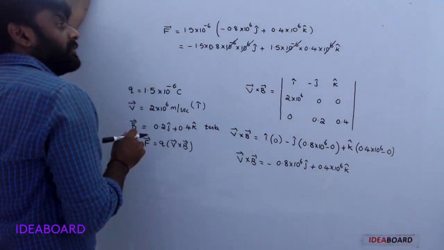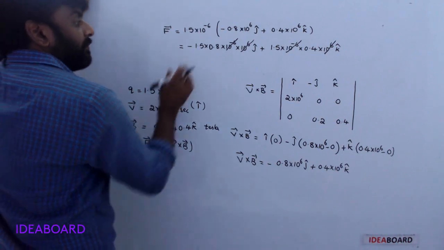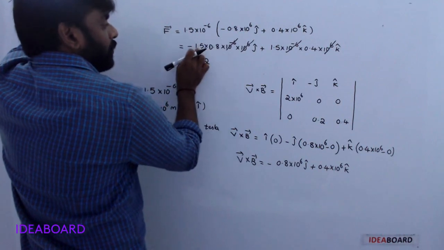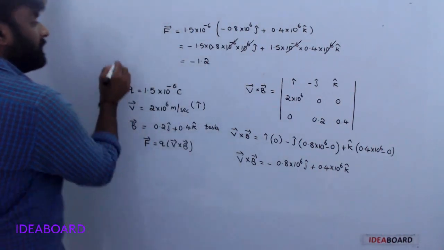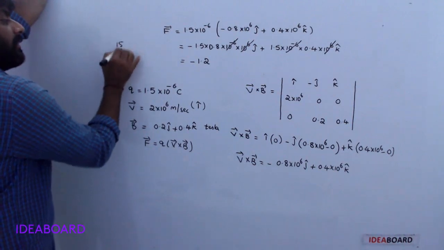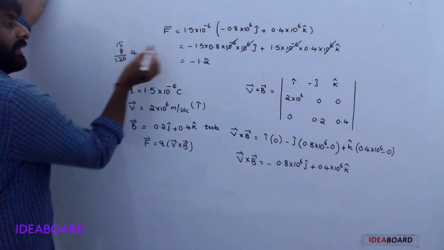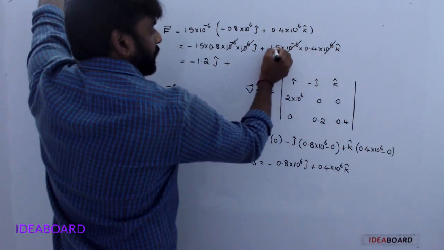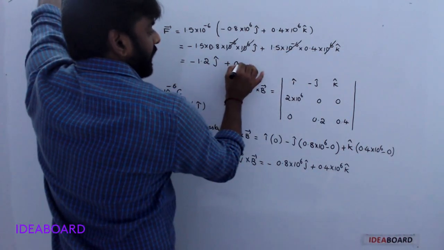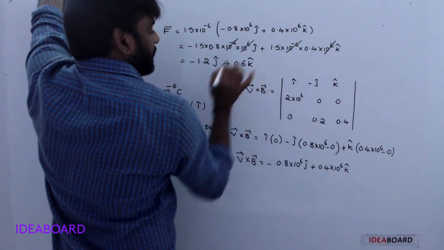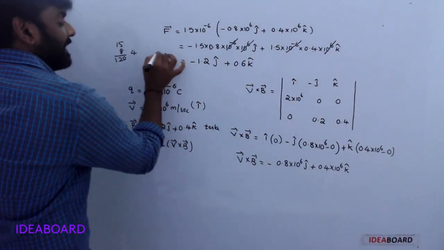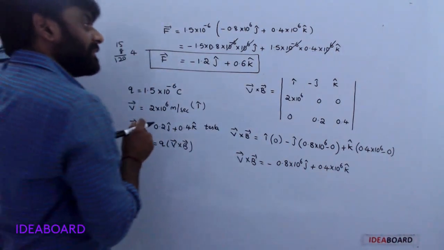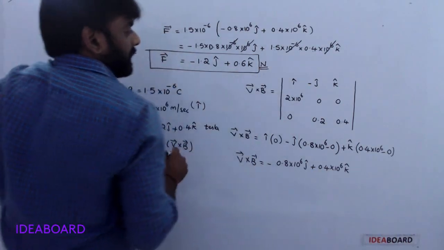So 1.5 into 0.8 is 1.2, with the minus sign, and 0.4 into 1.5 is 0.6. Final answer is F bar equal to minus 1.2 J cap plus 0.6 K cap newtons. Understood? Okay.